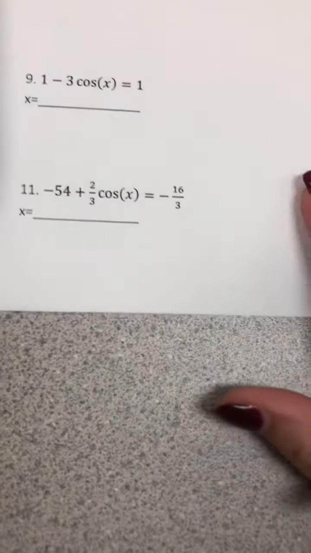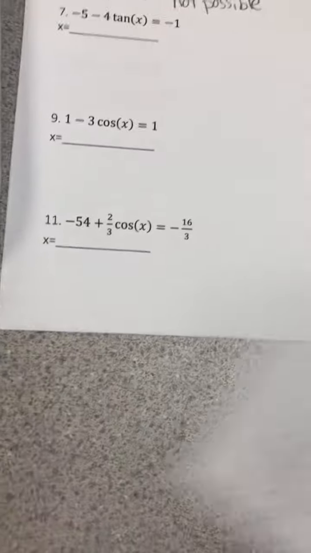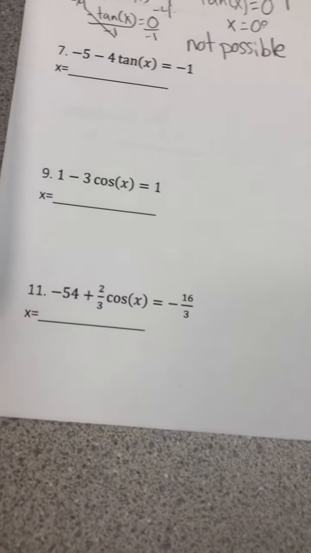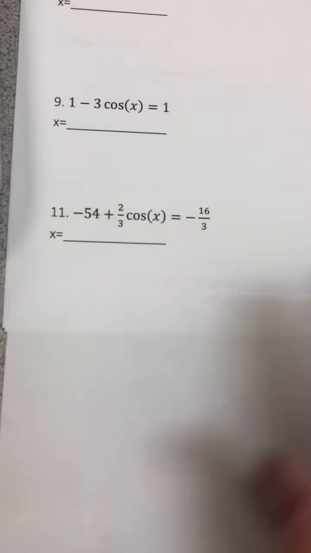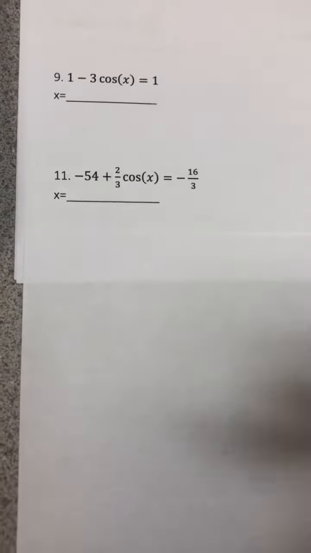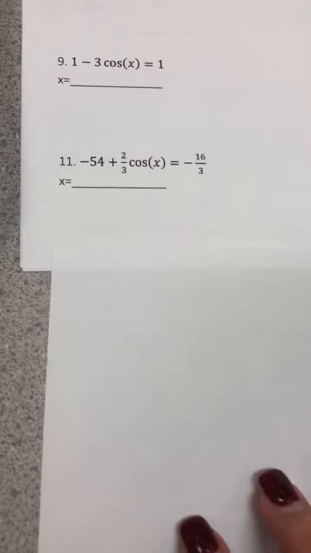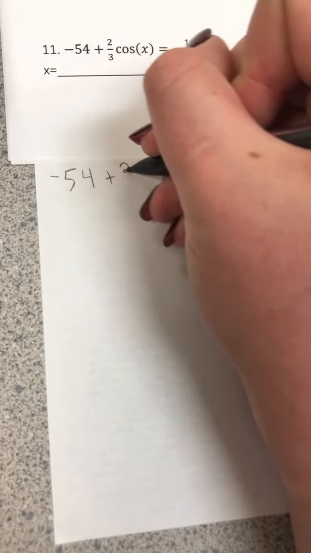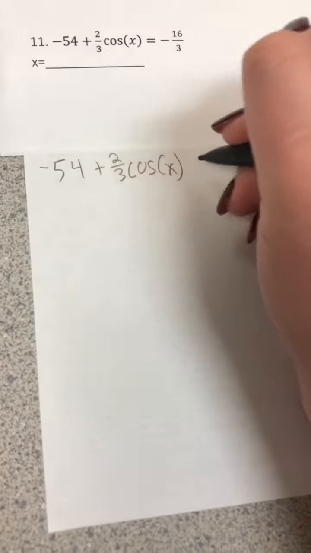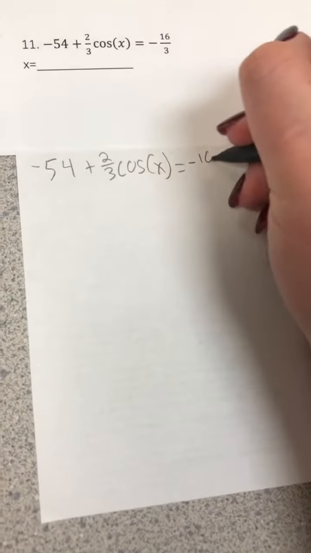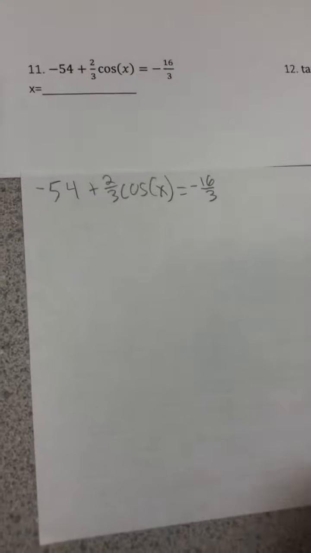Now for number 11, we are going to simplify. So we have negative 54 plus 2/3 times cosine of x equals negative 16 over 3.